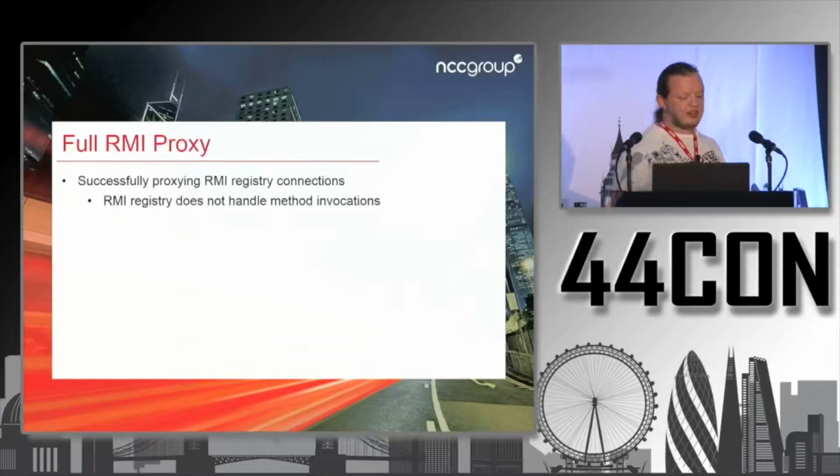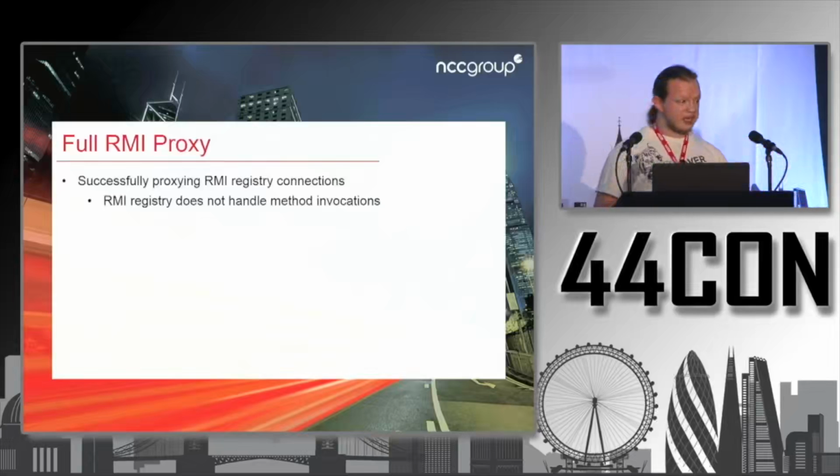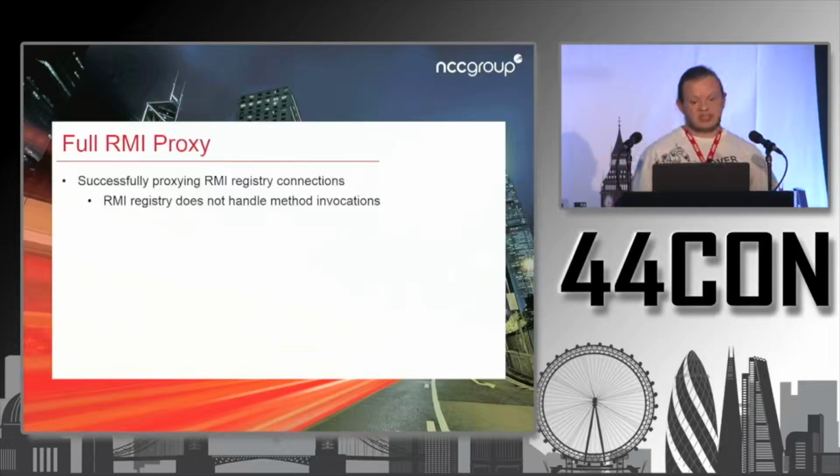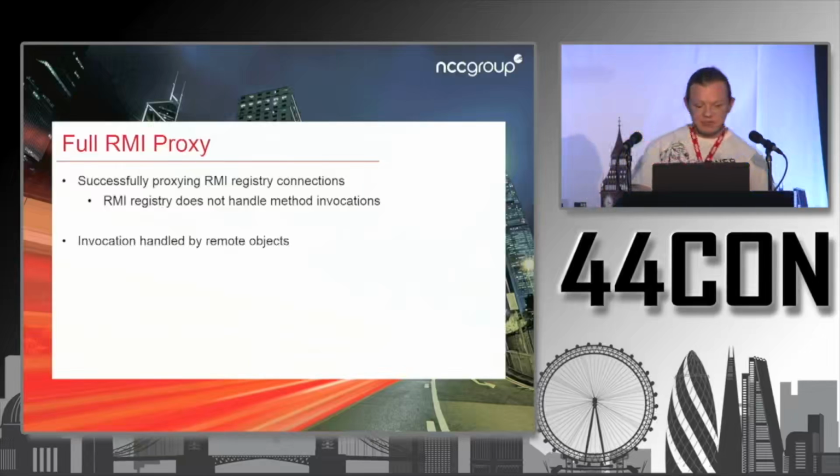So yeah, the RMI registry doesn't handle the actual method invocations. I wanted those method invocations to go through my proxy so that I could, for example, fuzz the protocol, or even extract data, whatever. I just wanted to play around with the traffic.